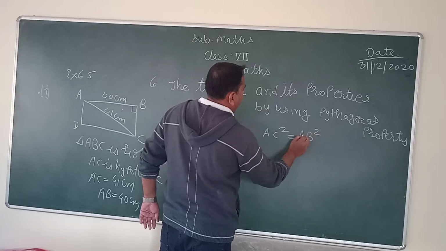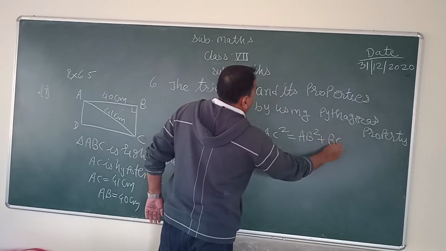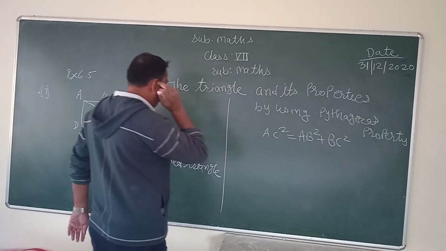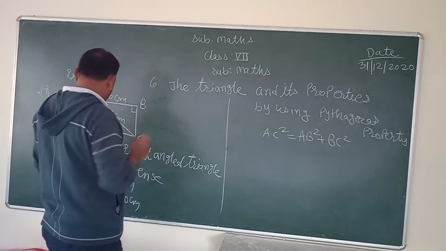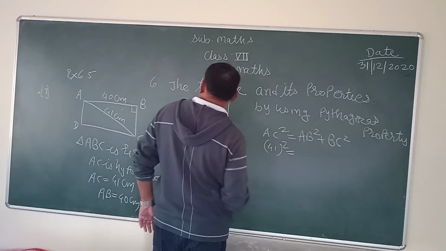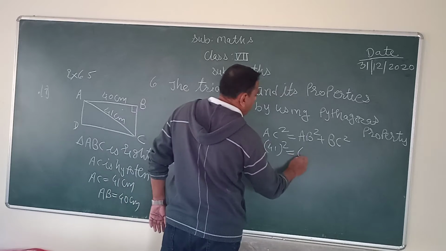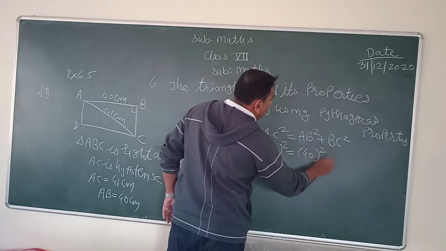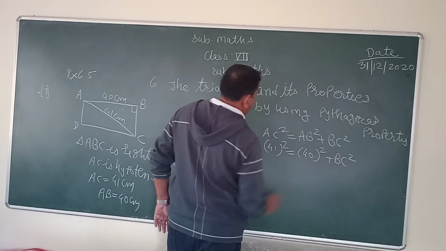Now we put in the values. Here AC is 41, means 41 whole square. Then AB is 40 centimeters, means 40 whole square, plus BC square.